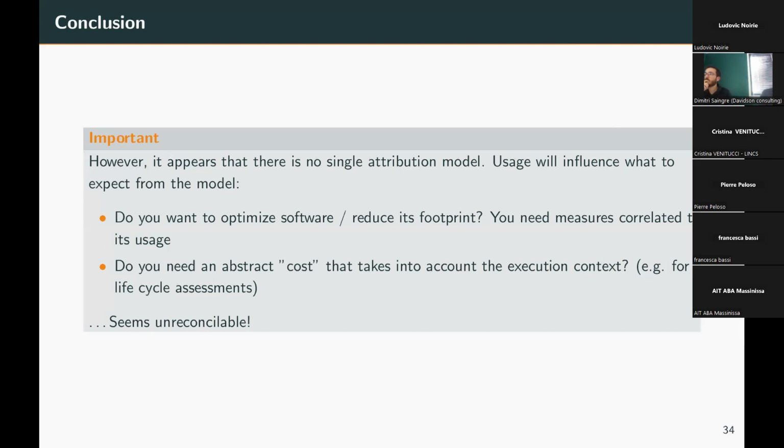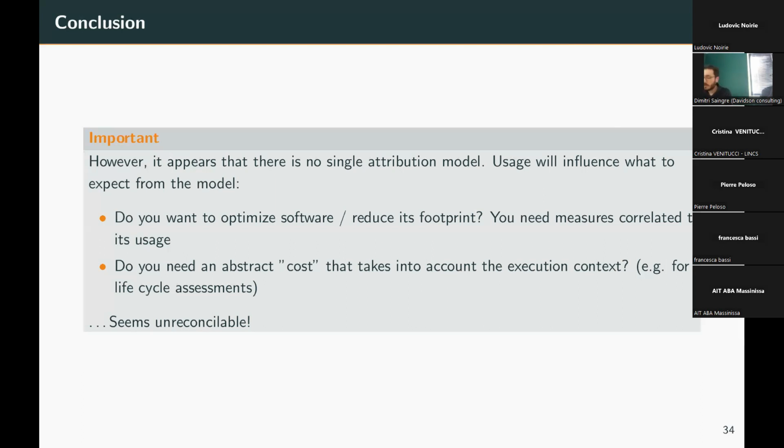But even with these scenarios, what you show is that there are some discrepancies between different models and very large differences in the attribution of power consumption. So do you think that this can be improved in the future? Are you working on it? Or is it something that may be difficult because it's a too complex system?